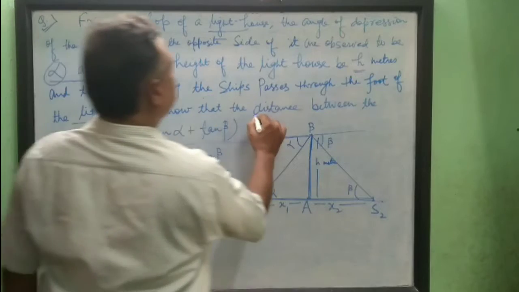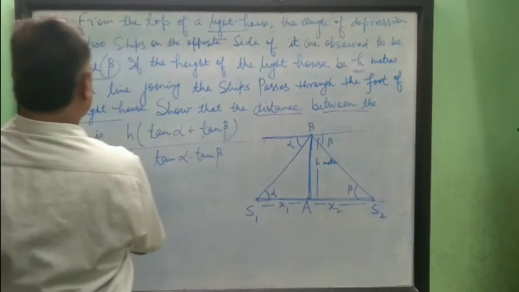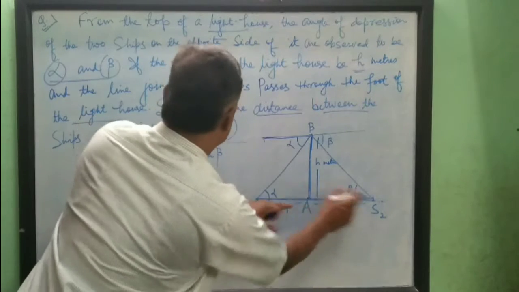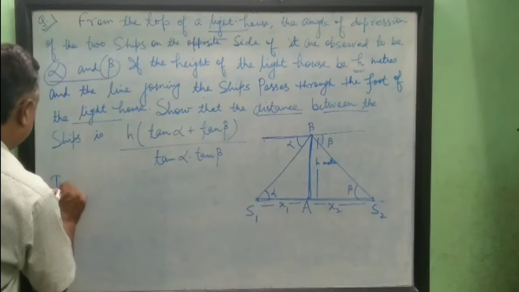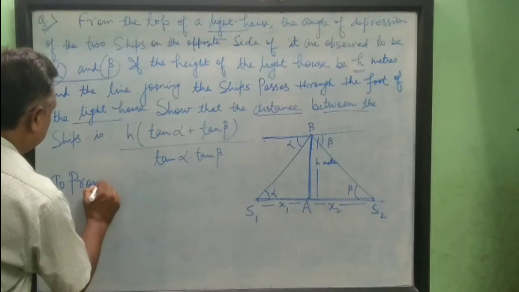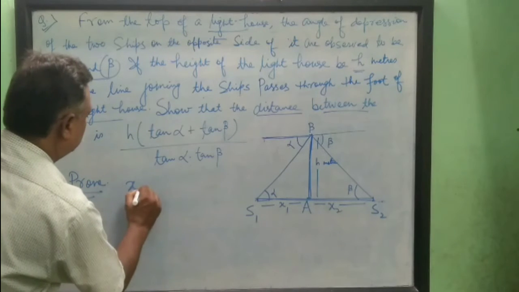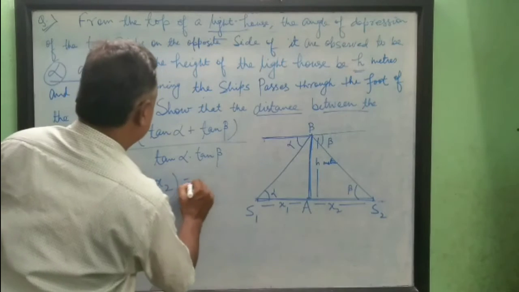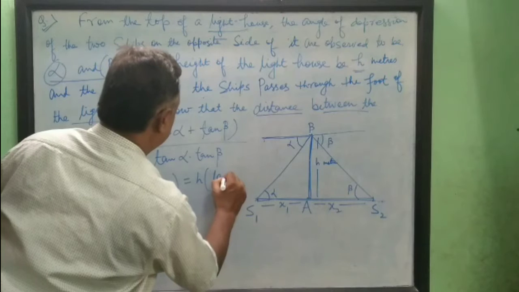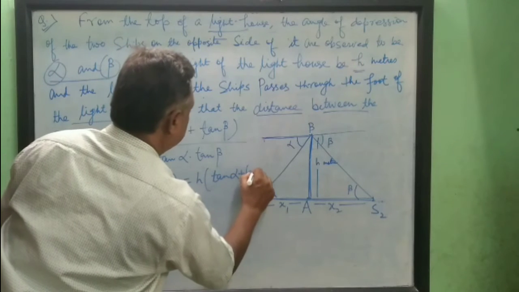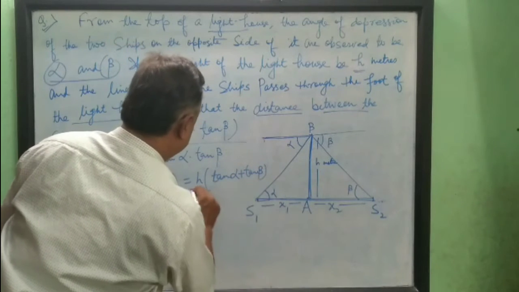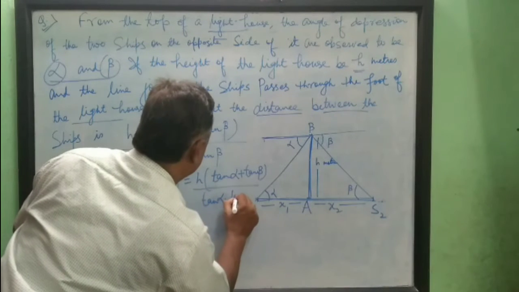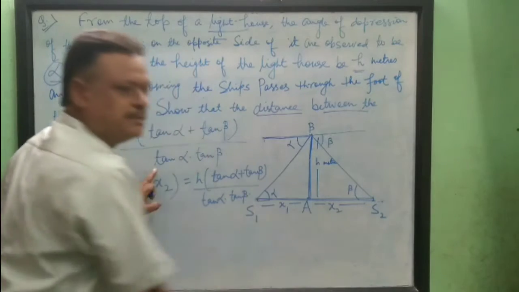Show that the distance between the two ships is, it means we have to prove this plus this. To prove x1 plus x2 is equal to h (tan alpha plus tan beta) divided by (tan alpha into tan beta).